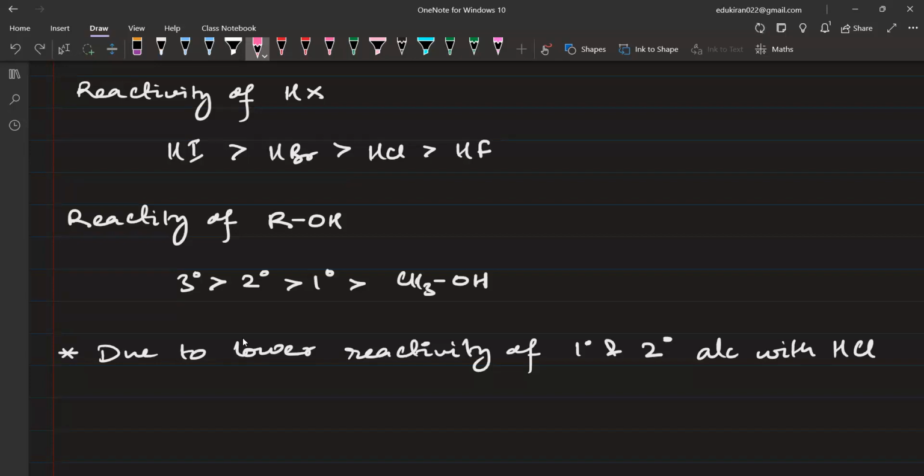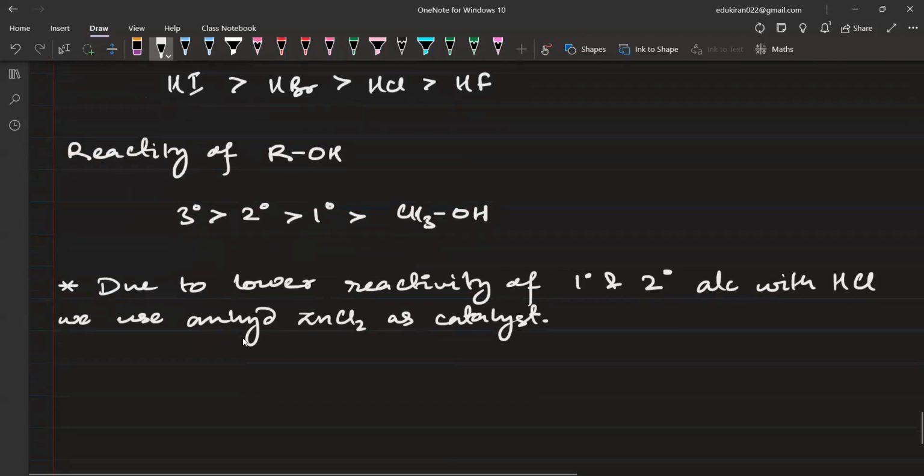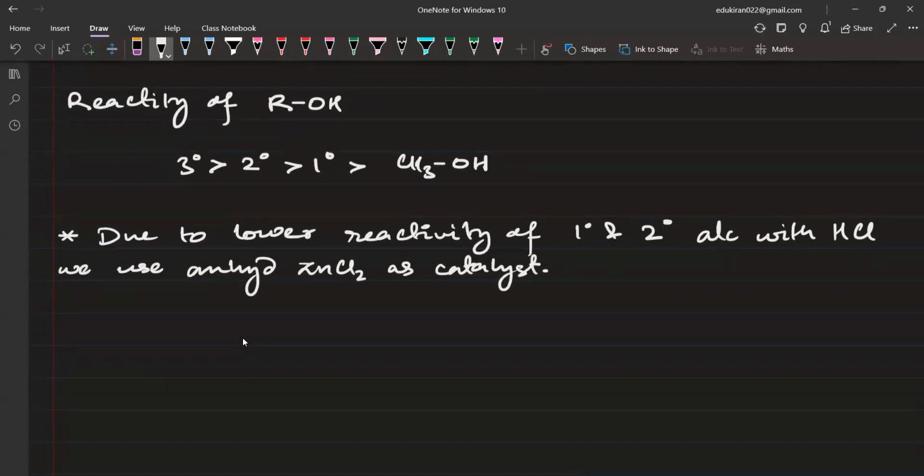Alcohol with HCl we use anhydrous ZnCl2 as catalyst. And due to this less reactivity, ये क्या करते हैं 1 degree 2 degree and 3 degree, they show the reaction at different rates, और उसी वजह से हम लोग क्या पता करते हैं, that which is 1 degree, 2 degree and 3 degree, right?